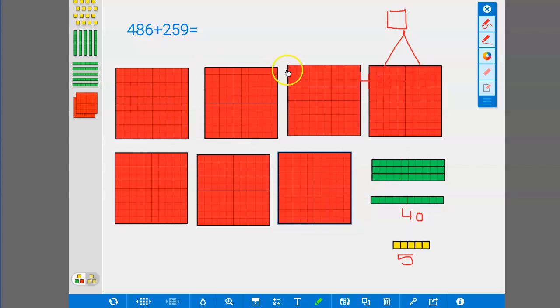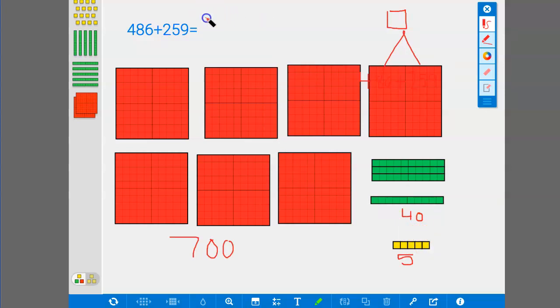100, 200, 300, 400, 500, 600, 700. So here we have 700 plus 40 plus 5. Let's add it up. 700, 710, 720, 730, 740, 741, 742, 743, 744, 745.